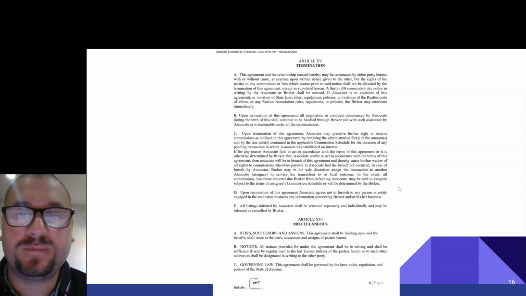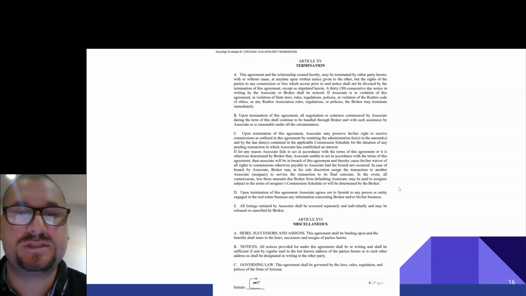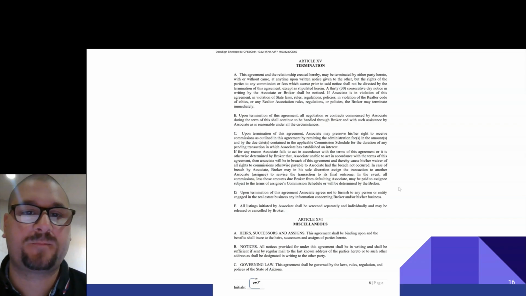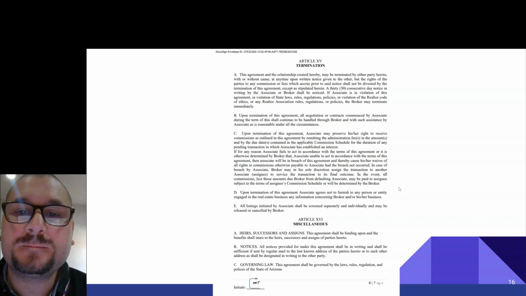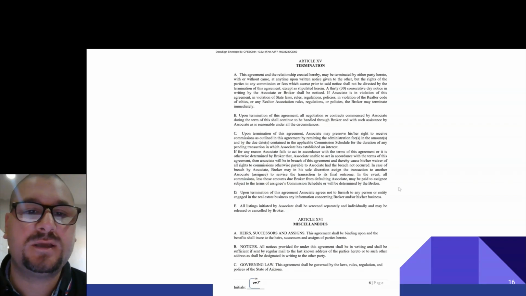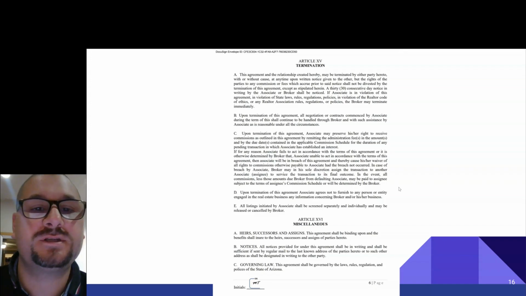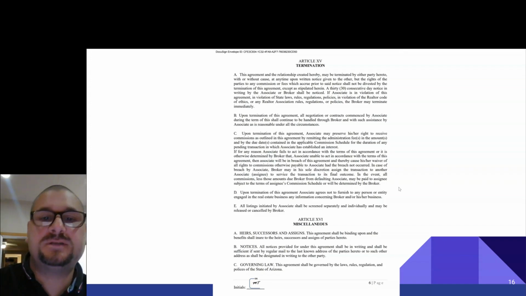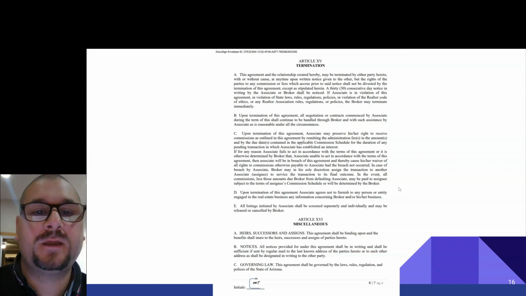Upon termination of this agreement, associate may preserve his or her right to receive commissions as outlined in this agreement by remitting the administration fees in the amount and by the due date contained in the applicable commission schedule for the duration of any pending transaction in which associate has established an interest.